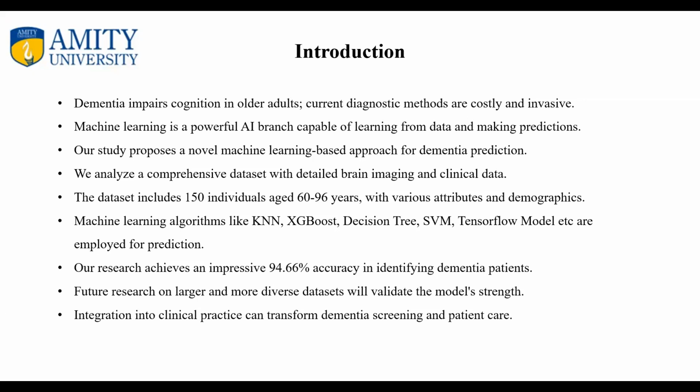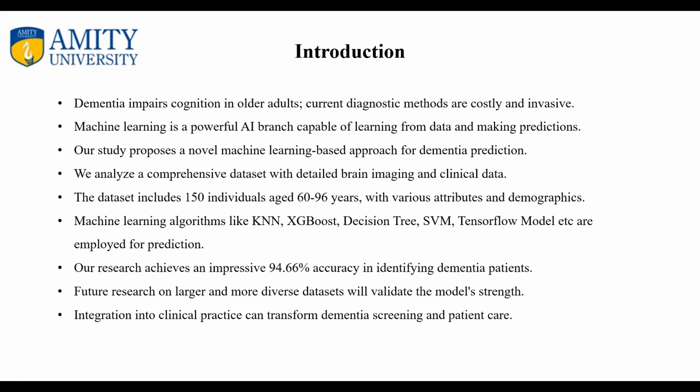We analyze a comprehensive data set with imaging and clinical data from 150 individuals ranging in age from 60 to 96 using algorithms KNN, XGBoost, decision tree, support vector machine, TensorFlow. We achieve 94.66 accuracy. Applying this in clinical settings could transform dementia screening and care.